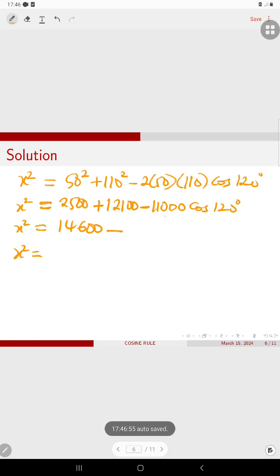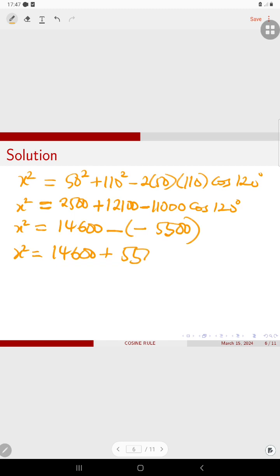But 11000 cos 120 will give me negative 5,500. Okay, 11000 cos 120 will give me negative answer. So 14600 plus 5,500. Then what do I get? Let's add together.